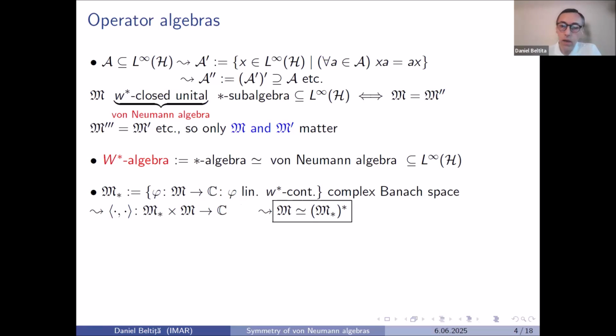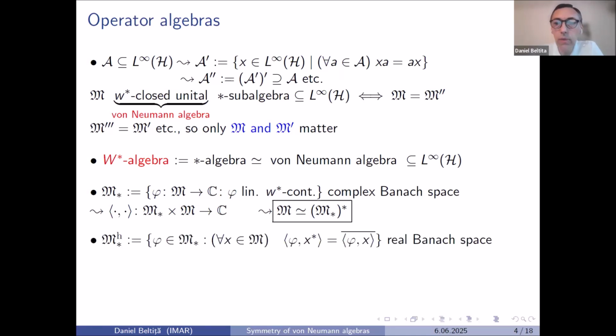But our main concern will not be with this complex Banach space. It will actually be with a real subspace defined by the Hermitian linear functionals. This superscript H stands for Hermitian. So the functionals satisfying this property.